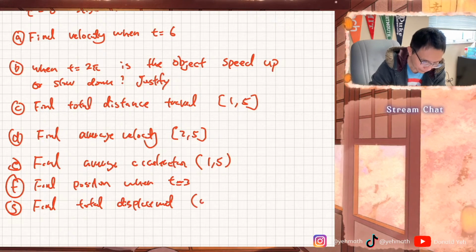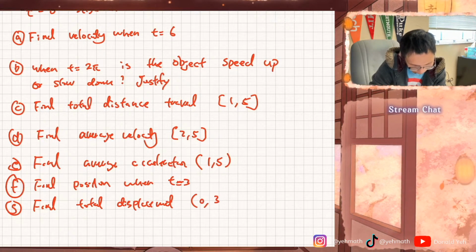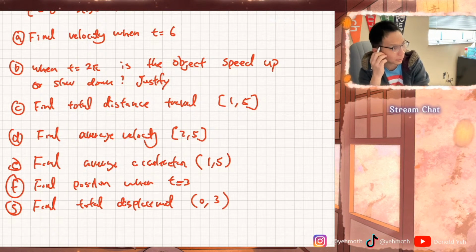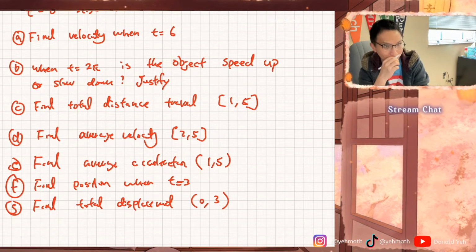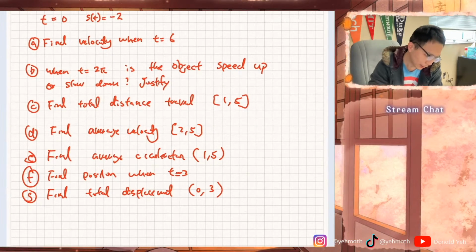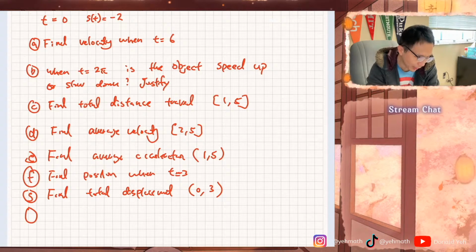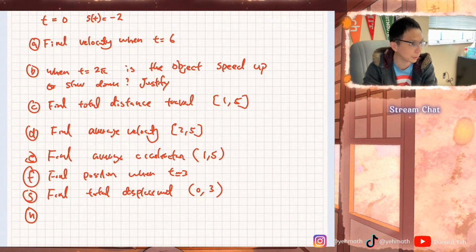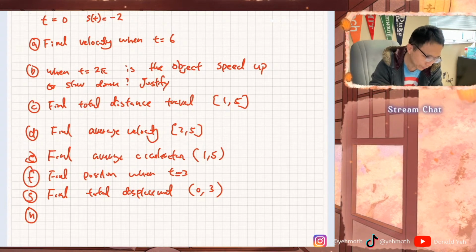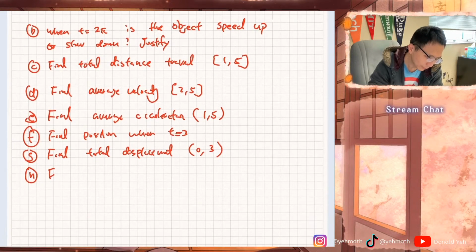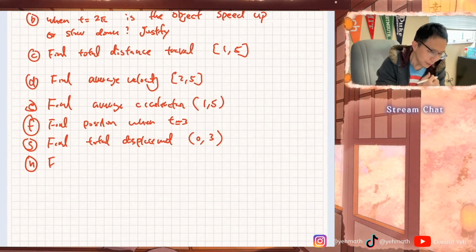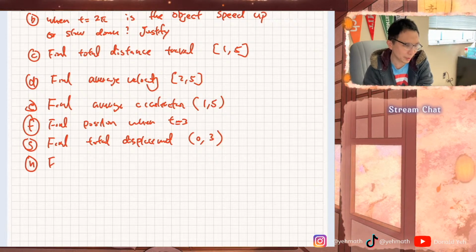And we have 7 of these problems. Can you scroll down again? The last question, which is a very important one. A, B, C, D, E, F, G, H. H is very important. Okay, find the total displacement between 0 to 3.